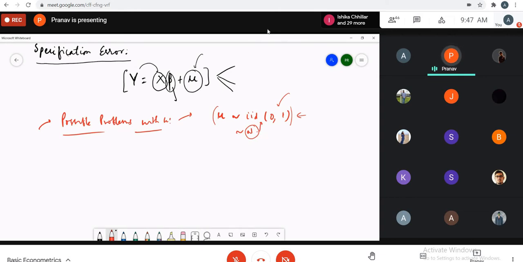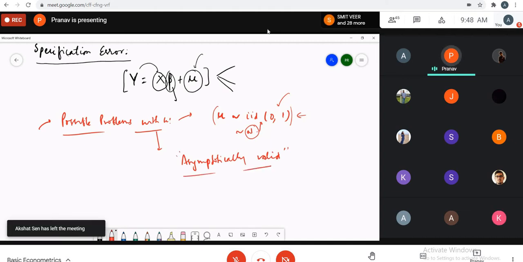So if the errors are not normally distributed, your OLS estimators still remain efficient and unbiased, but the inferences that we draw will only be valid in large samples, or as they are also called, only valid asymptotically. Why am I saying that?